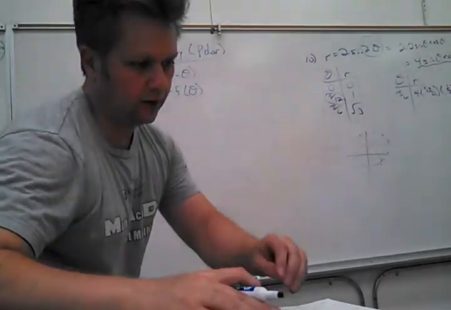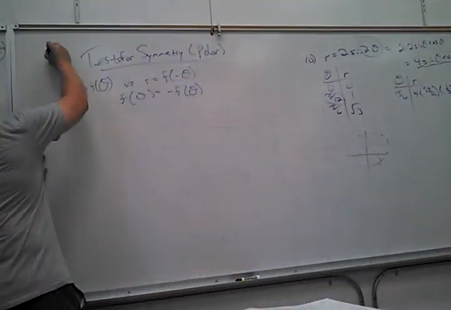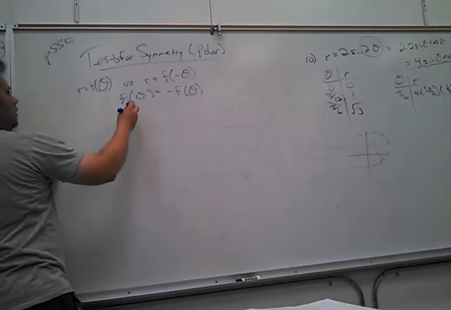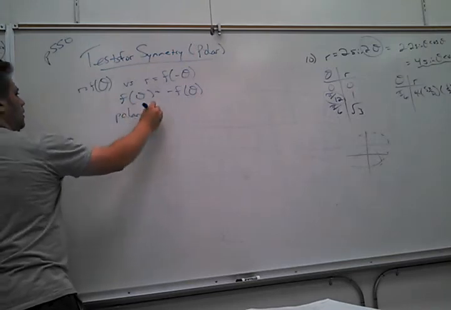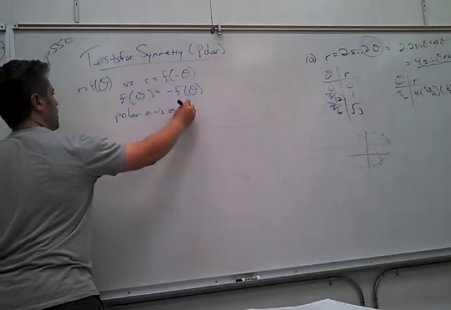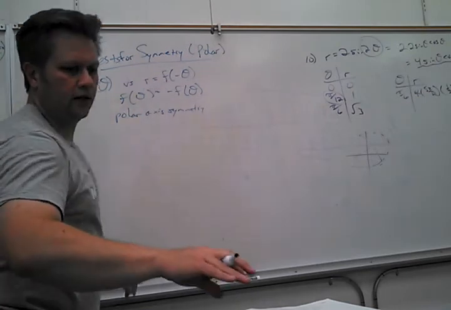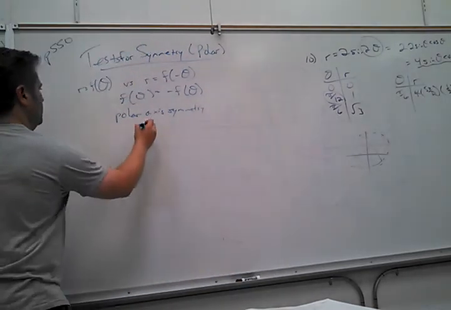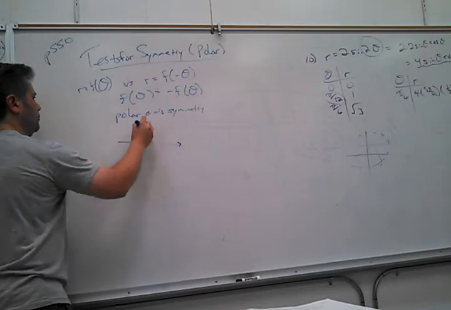And what they really mean, thankfully, they have on the bottom of page 550. They have exactly what this means. And the funny thing is, you'll notice another name for the polar axis.